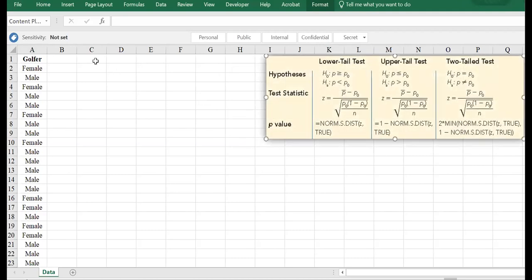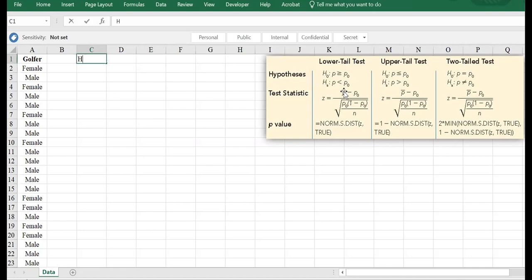So, all right, the first step, writing down the null and alternative hypothesis. And this time I'm going to perform a lower tail type of test. My hypothetical value would be 20%.